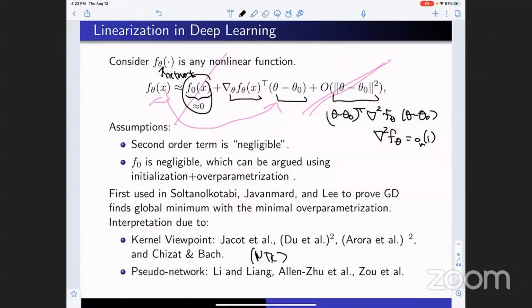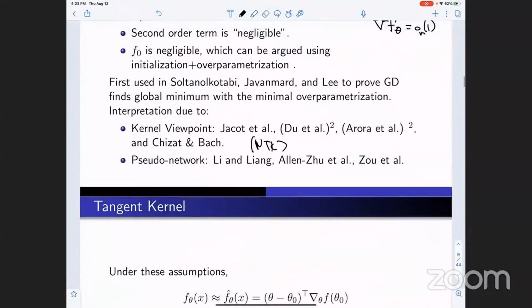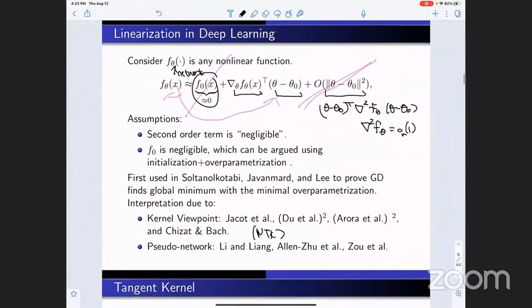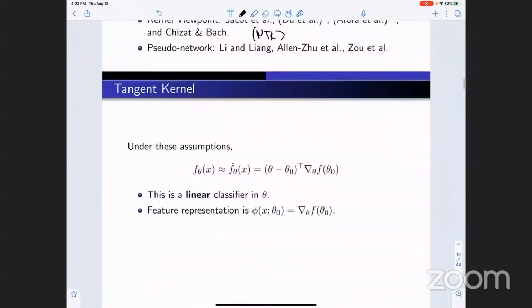And in parallel work, other groups of authors called it the pseudo network, but they're kind of the same thing: you just approximate the network with a linear function. And I'll show you the original proof from the Oymak and Soltanolkotabi paper of how this can show that gradient descent converges to a global minimizer.